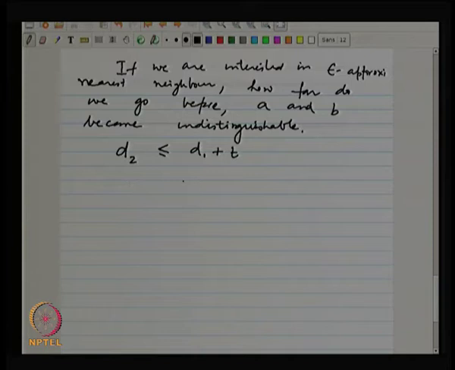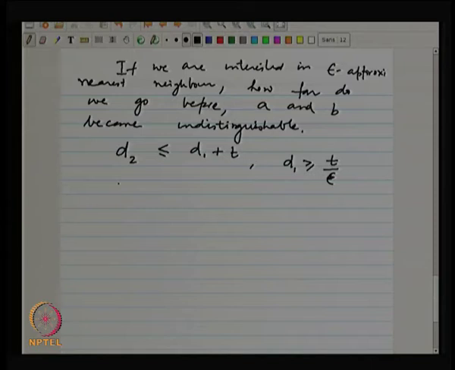So, what you are saying is d1 is greater than t by epsilon. So, if d1 is greater than t by epsilon, then d2 is, we are saying that d2 is further apart.